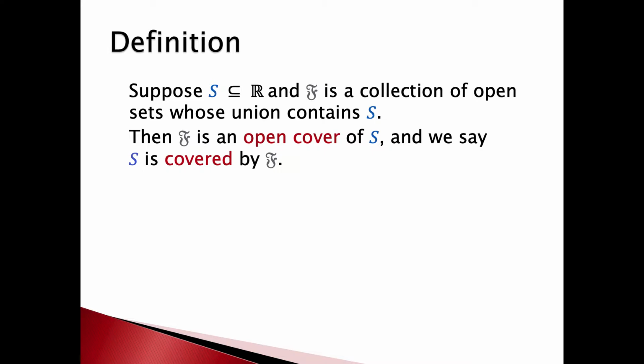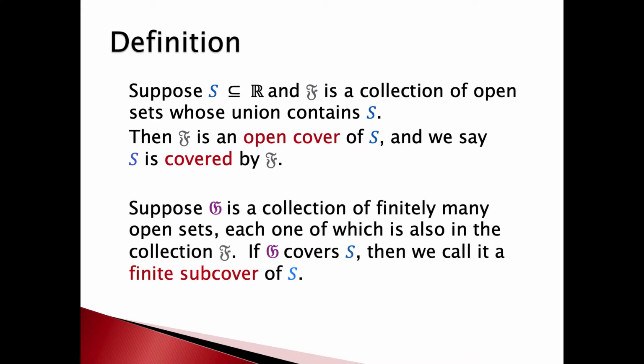Again, you really should imagine S as being an open set, and scripty F is a whole bunch of other sets that you throw down and they literally cover up S so that you can't see it anymore. Okay? Now, if I throw away a bunch of the sets in F, and what's left is only finitely many sets, and it still covers S, we call that scripty G. Then scripty G would be a finite subcover of S.